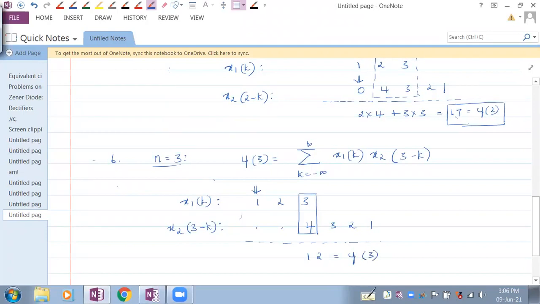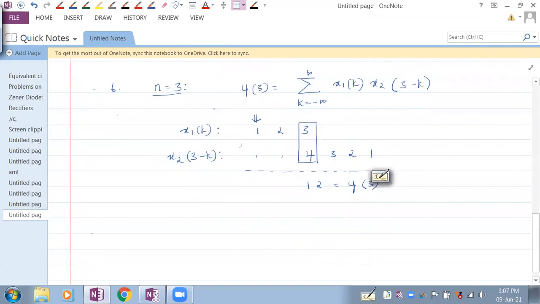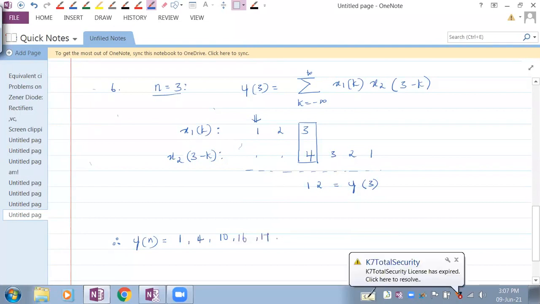Understand that? So therefore we can say y of n is given by 1, 4, 10, 16, 17, and the last sample is 12. So 6 samples.